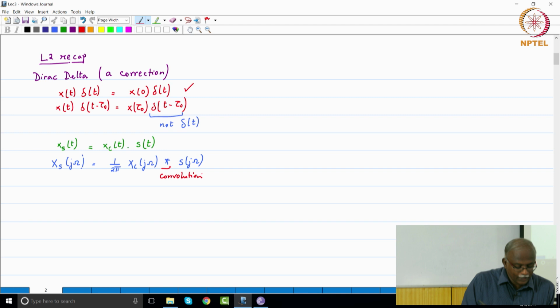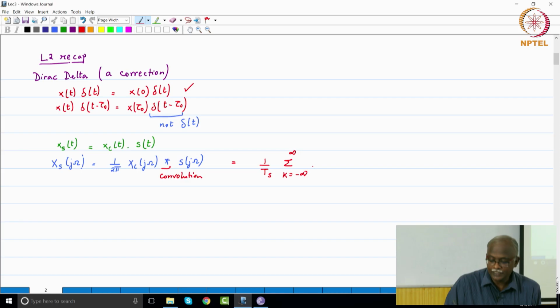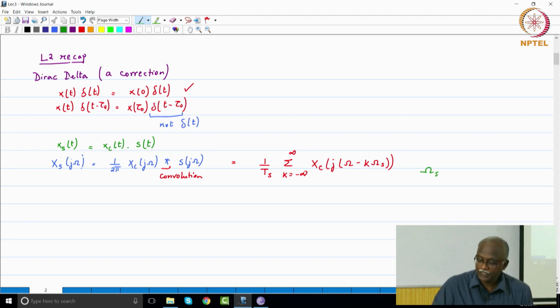And we wrote down that this finally results in the following expression: 1 over Ts, summation k equal to minus infinity to infinity, xc of j omega minus k omega s, where omega s is the sampling frequency, which can also be written as 2 pi by Ts, where Ts is the sampling period.